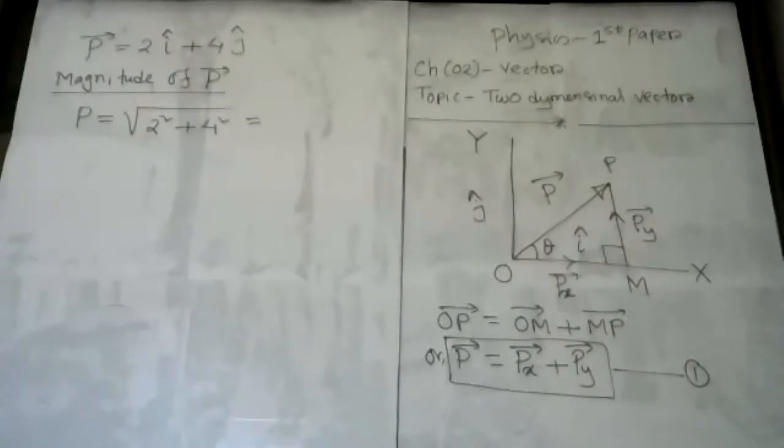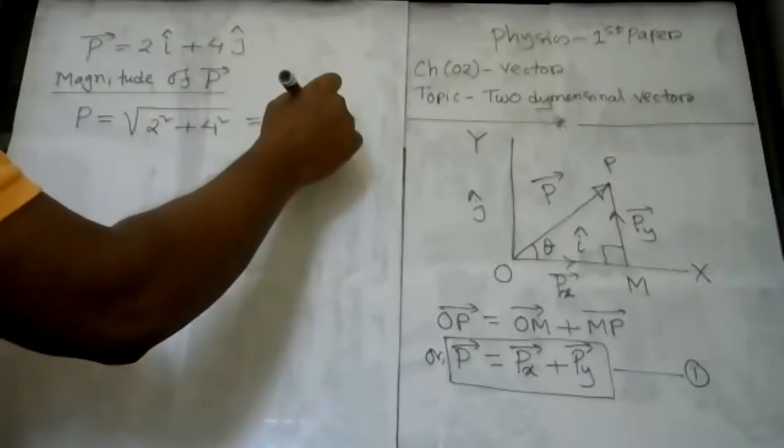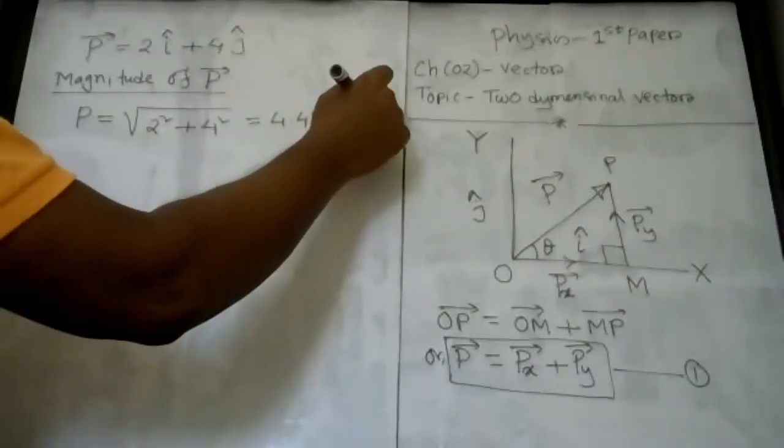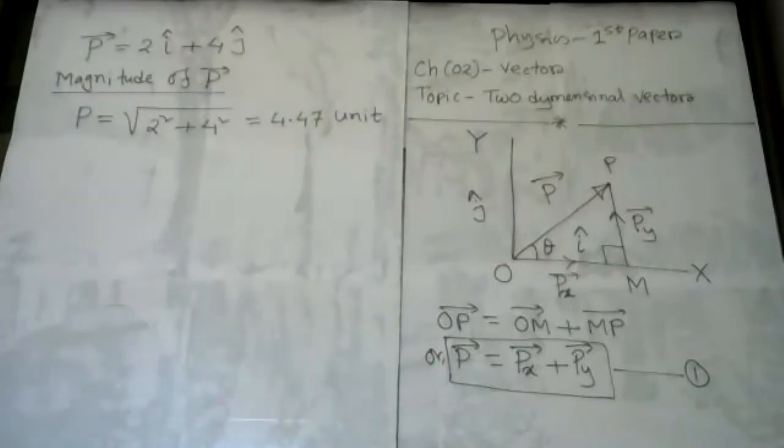So 2 square plus 4 square will equal to what? What's the magnitude of this vector, my dear student? 4.47 unit. Very good.